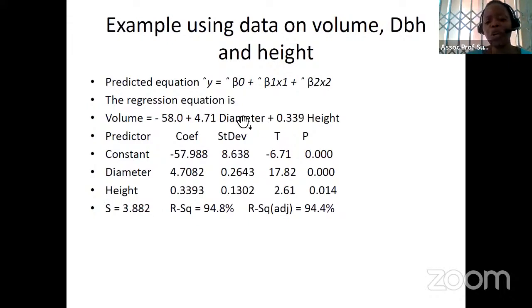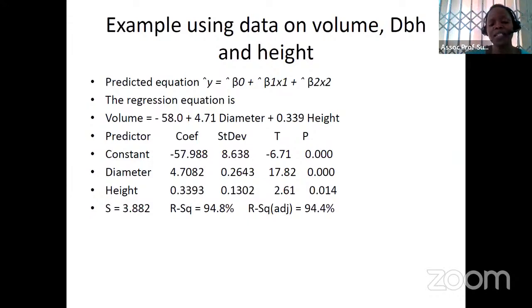Now, when it comes to multiple regression, for you to be able to interpret the slopes, we hold one independent variable constant, and then interpret the other.